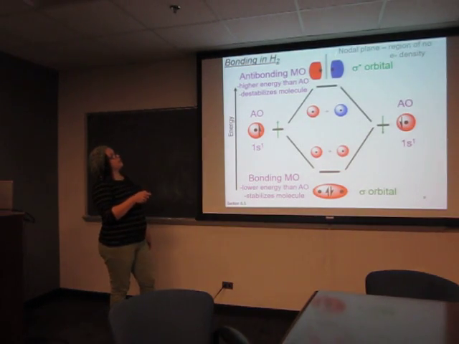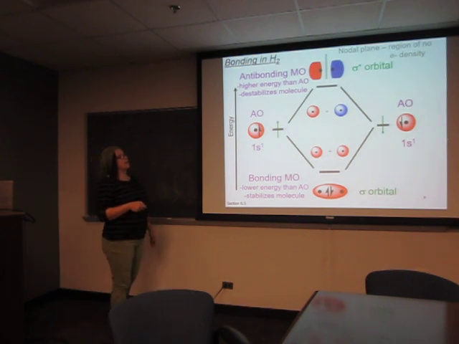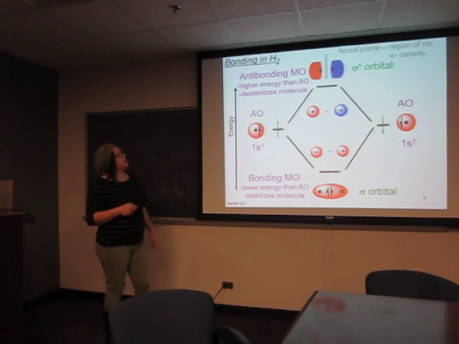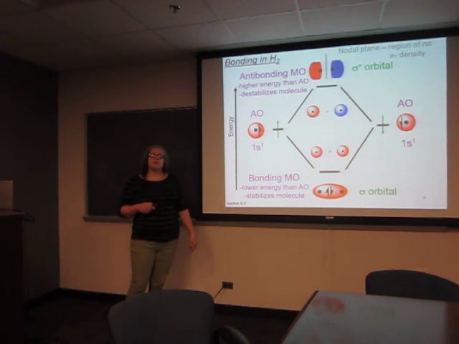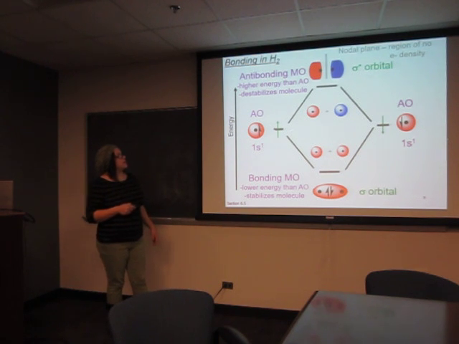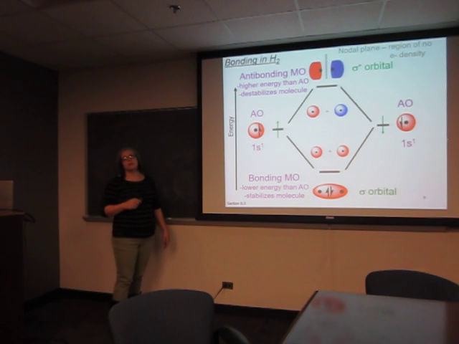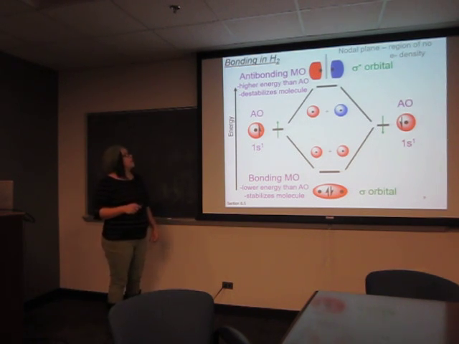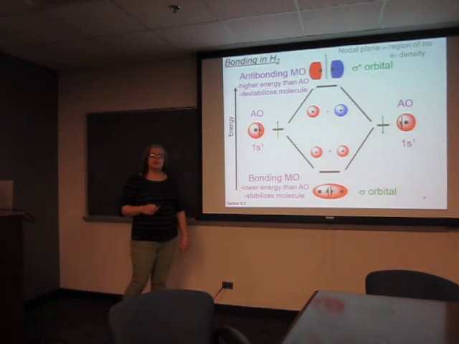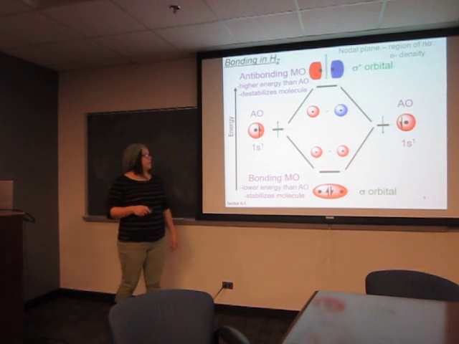So here's our nodal plane, our region of no electron density that shows that we've got our sigma star orbital now. Our rotational symmetry is still there, but now we've formed an anti-bonding molecular orbital. So notice that our atomic orbitals are here, and we've actually raised the energy by forming this anti-bonding interaction. So this is going to destabilize the molecule if we have to put electrons in this orbital.